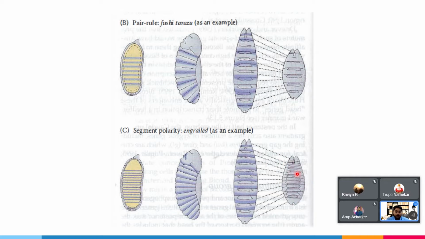So we have defects in every segment. Whereas in pair rule genes such as Fushi-Tarazu, we do not have that entire segment present in the final embryo. So we have defects present in alternate segments. So here we will be able to see only 7. Here we will be able to see 14, but only one part, either anterior or posterior.